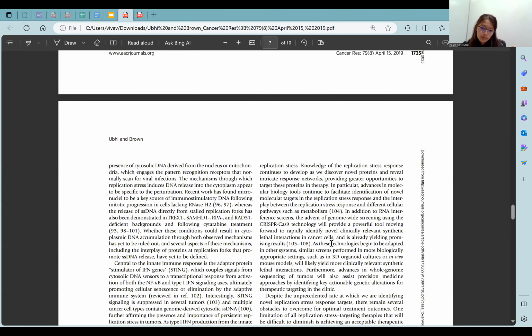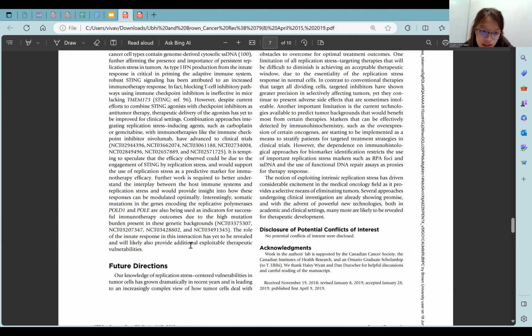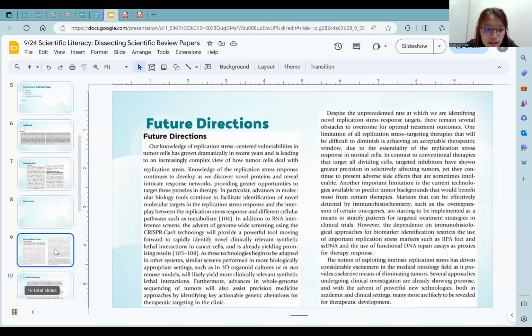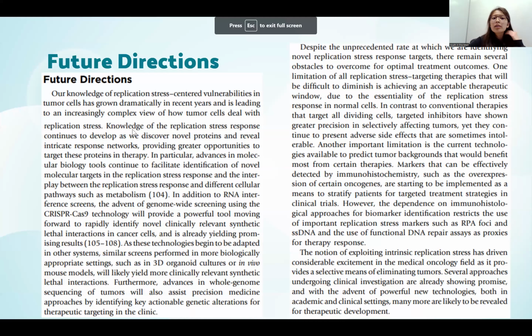The last part that I would read is the conclusion, or here they called it future directions. I actually have that in the next slide. Basically it talks about what we know about replication stress and how it can be used in new technologies.